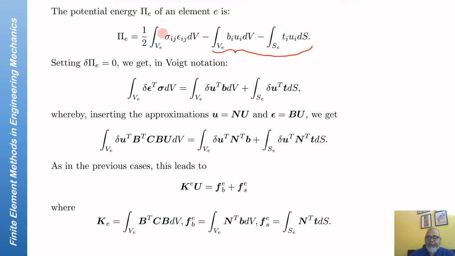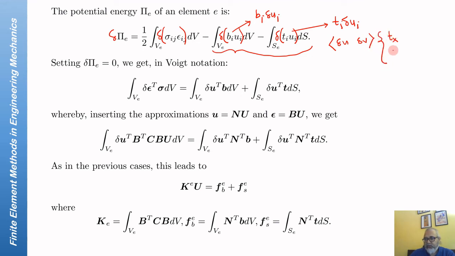So now here you have the half, and we already know that when we take delta of this, delta of this, delta of this, and delta of this. Delta of this is bi delta ui. Delta of this is ti delta ui, and we are storing delta u as delta u delta v, and t we are storing as tx ty.